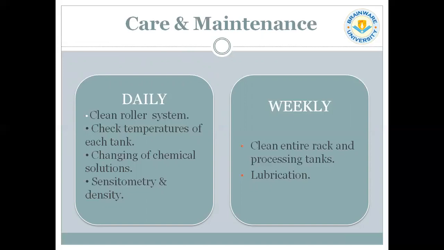And finally, check the sensitometry and the density of the radiograph by the use of densitometry equipment. For the weekly checkup, clean the entire rack of rollers and processing tanks. And of course, lubrication is very important to avoid the jumping of the film from the roller system.